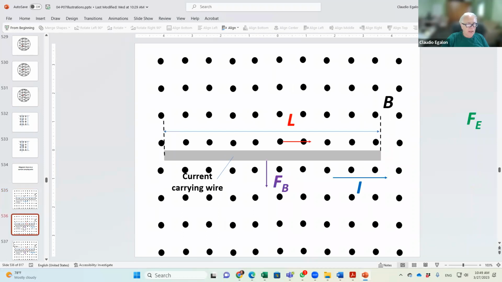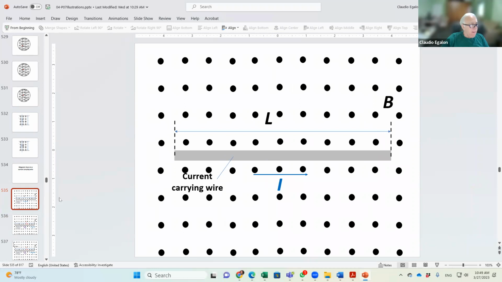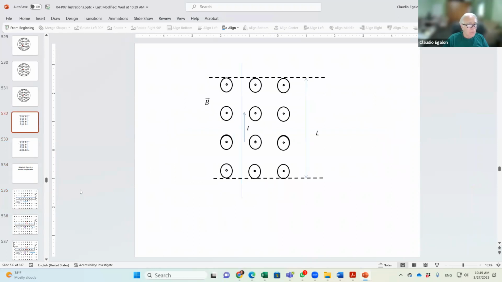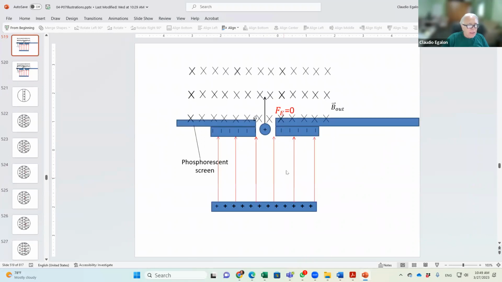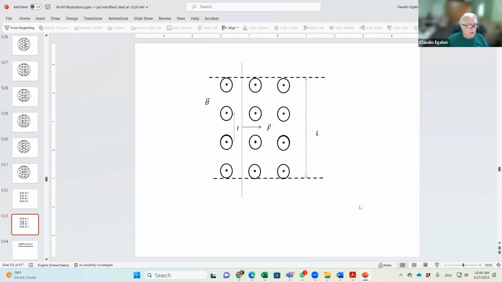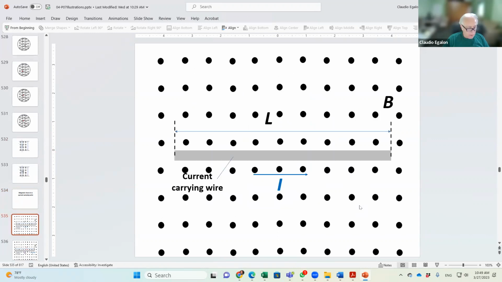In this specific case, we can illustrate the charge that makes up my current carrying wire as positive charges that are moving in the same direction of the current.